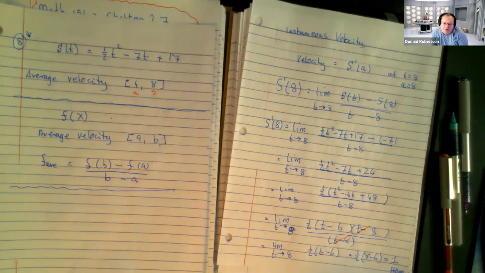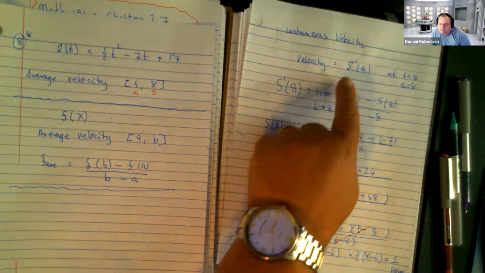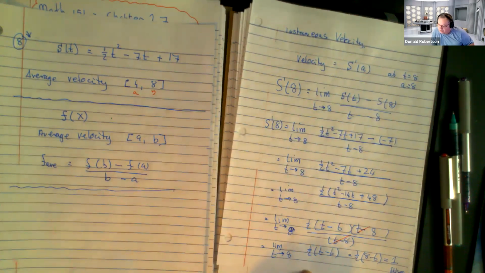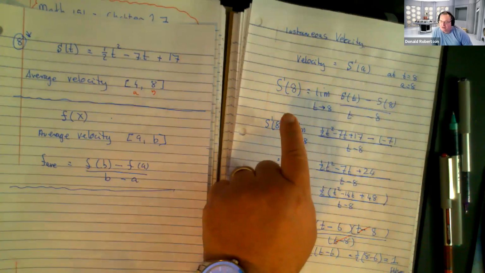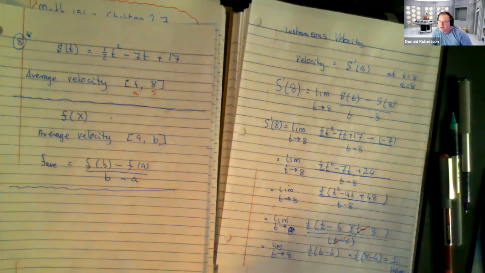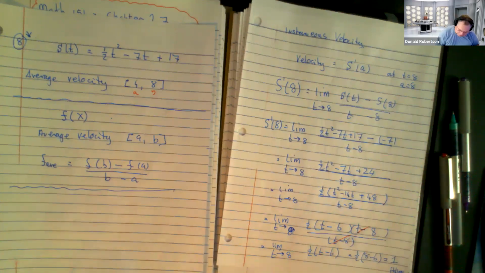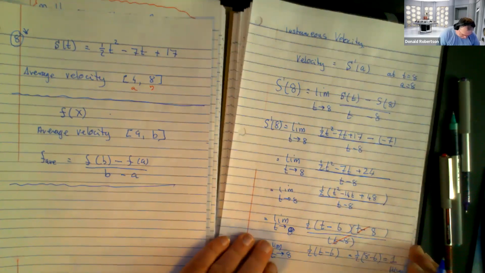Now, if you wanted to save some time, couldn't you find s dashed of A and go through the same process? And then you could just say, well, when it's 8, I'll plug 8 into the answer. If I wanted to know the instantaneous velocity at 10, I'll plug 10 in, and so on. We're only following instructions here, so we didn't need to do that, but you could.